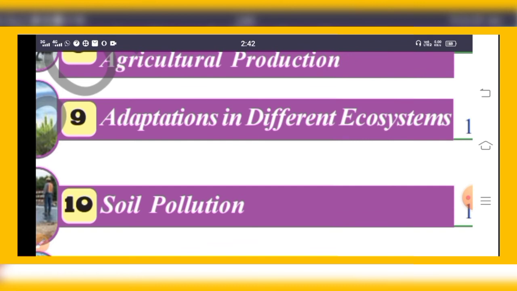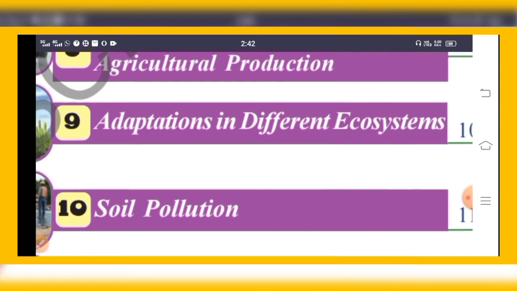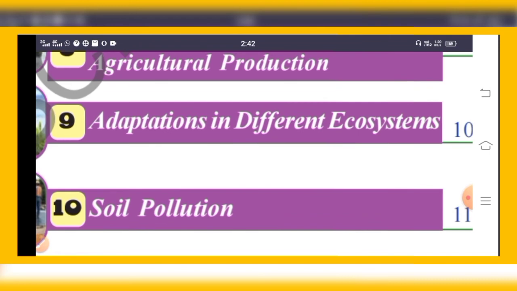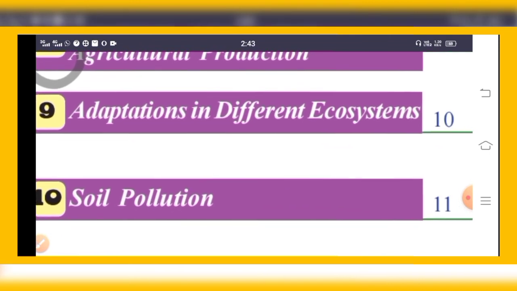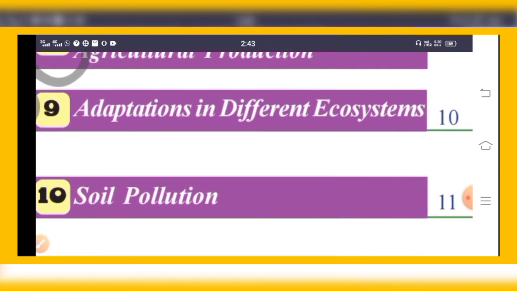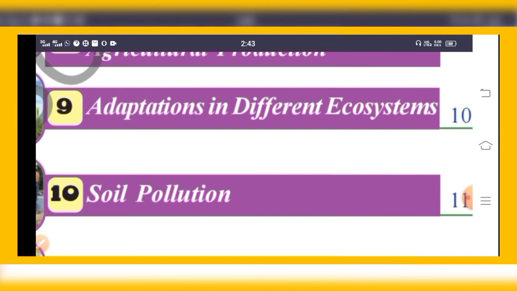When we take the desert area, there is no water, but even so plants and animals live there because of their adaptation. Here we will study ecosystems, types of ecosystems, and types of organisms depending on the type of ecosystem.